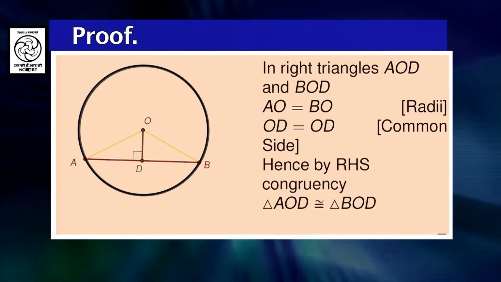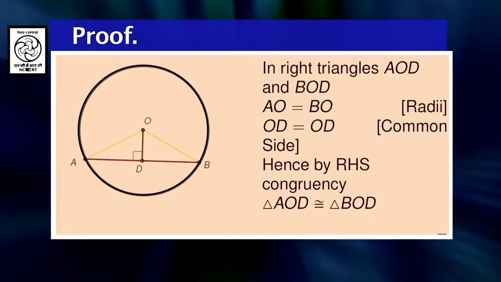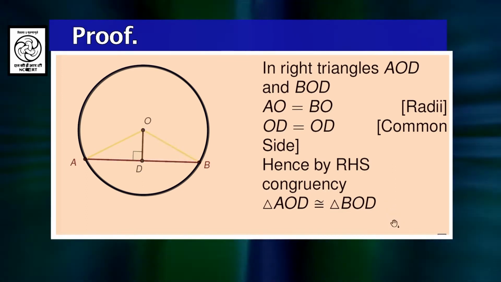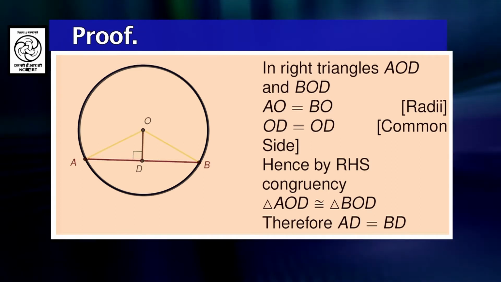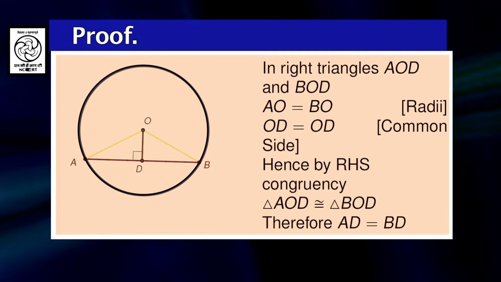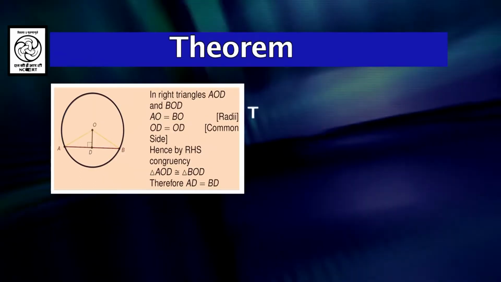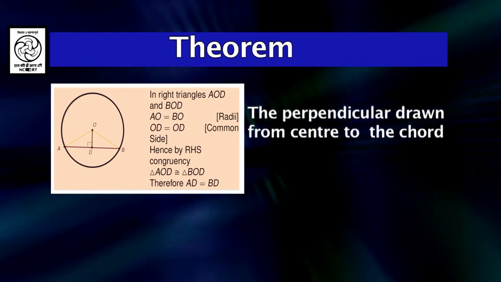So, therefore, triangles are congruent. So, we have triangle AOD is congruent to triangle BOD. Therefore, we have AD is equal to BD by CPCT. So, we have proved the theorem that perpendicular drawn from center to the chord bisects the chord.